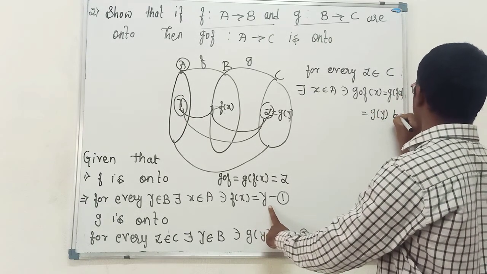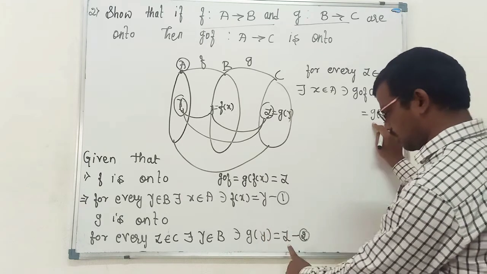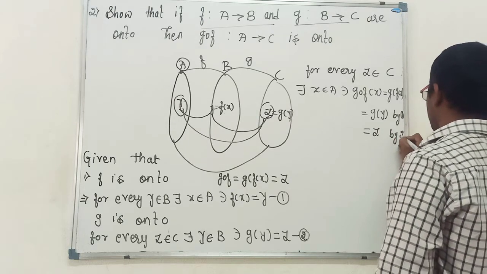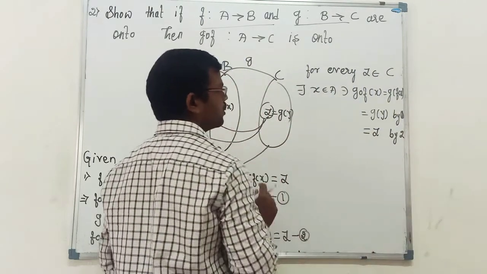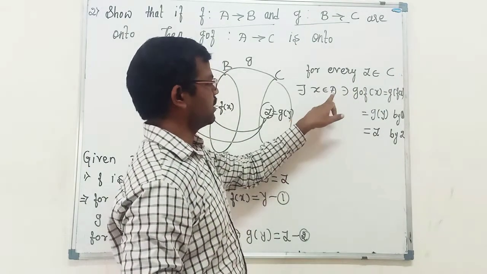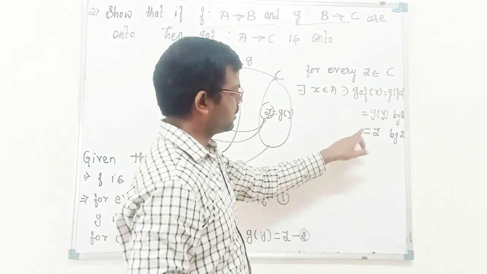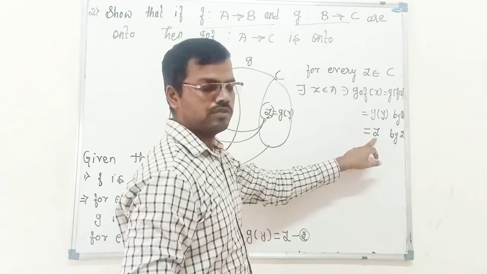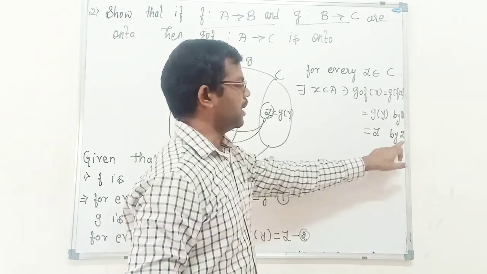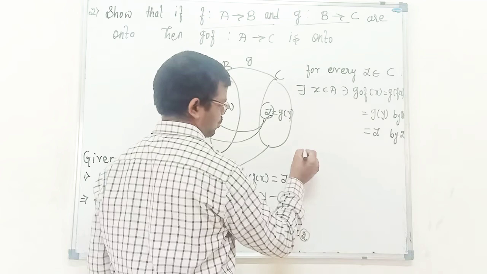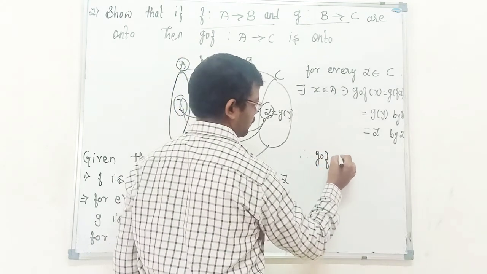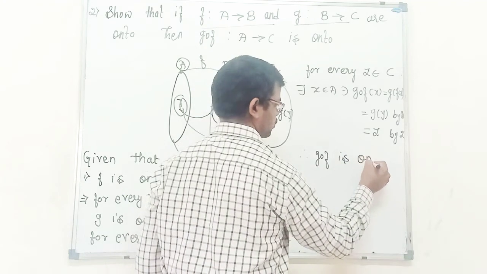So by 1 we got g of y, which is equal to z by 2. So here we confirm that for every z belongs to C, there exists an x belongs to A such that it is a pre-image of z. g composition f of x equals z, we got. Therefore g composition f is onto.